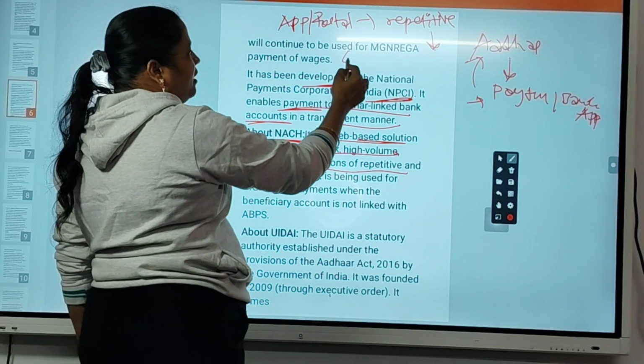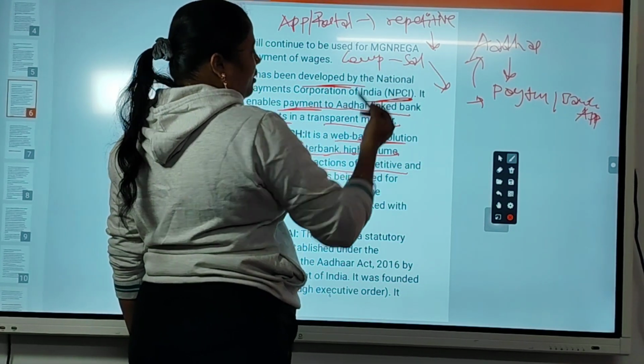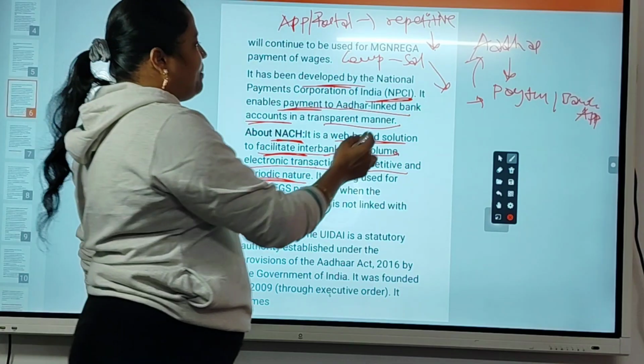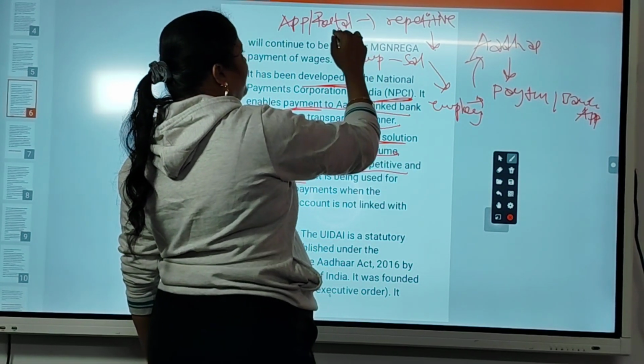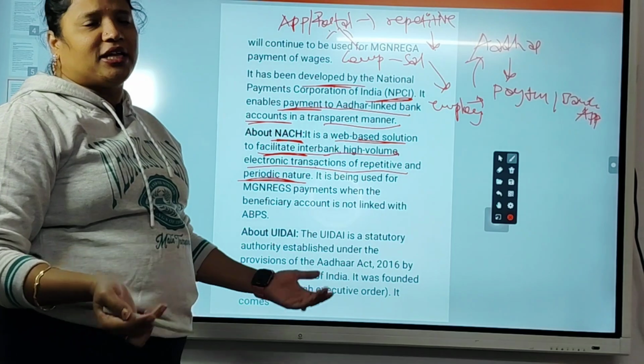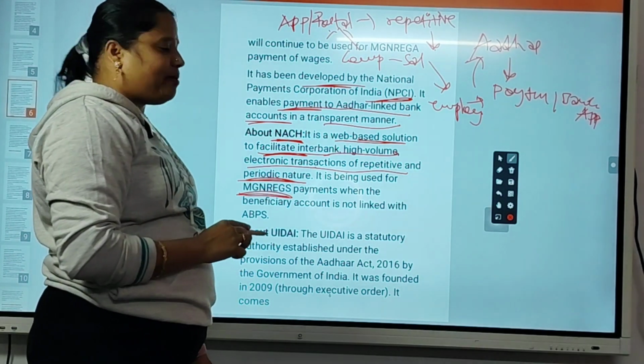Suppose a company wants to send salaries to its employees every month. So this is a repetitive transaction. So that's why they enroll with this portal to make the payments easy. Okay, it is being used for MGNREGS payments also.